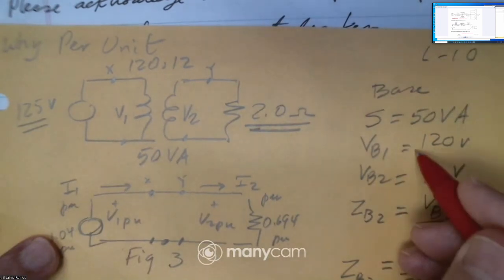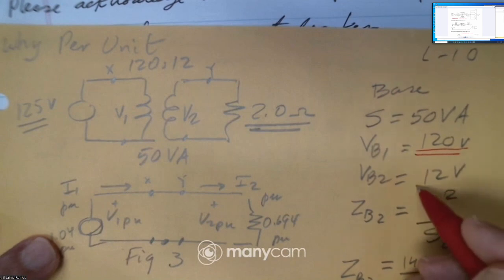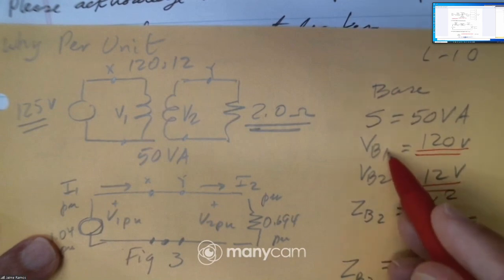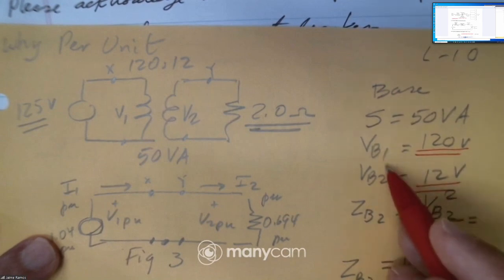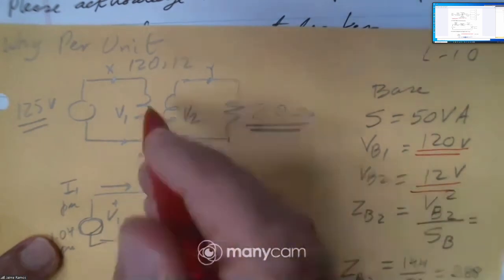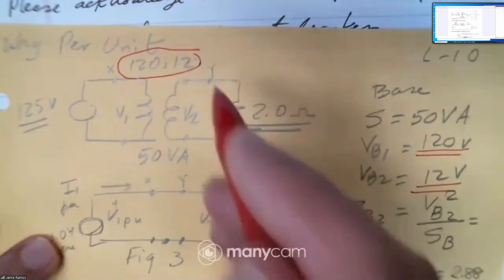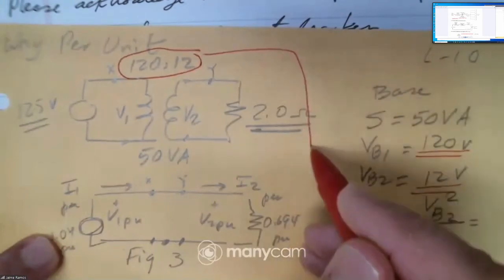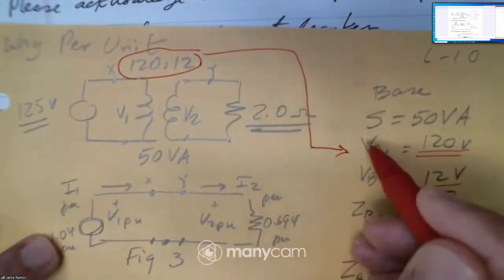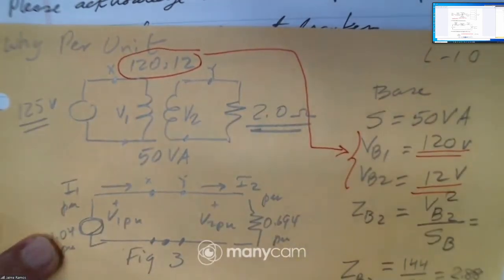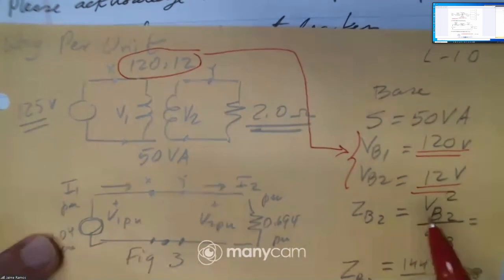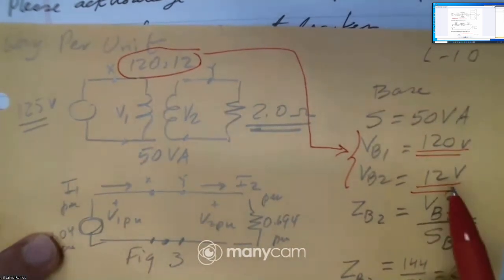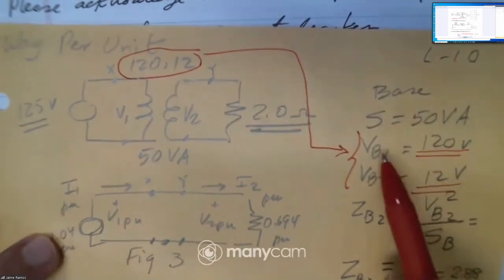This is important. The base at primary and secondary follows the turns ratio. This is something that we must always do. The voltage bases are not arbitrary; we pick up the voltage ratio.